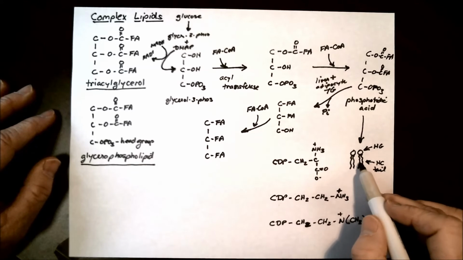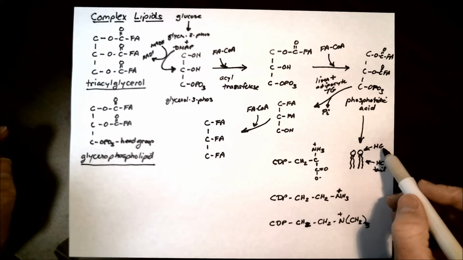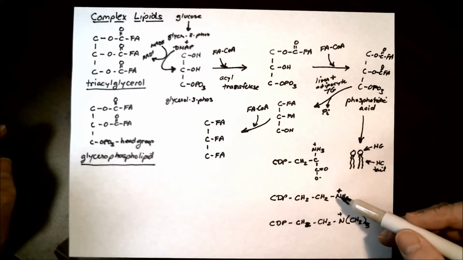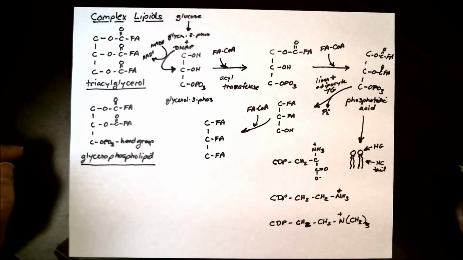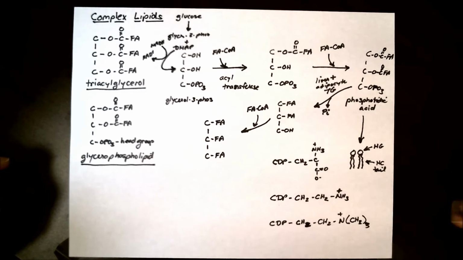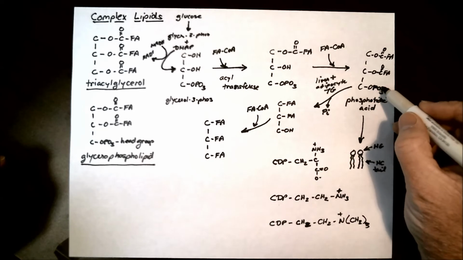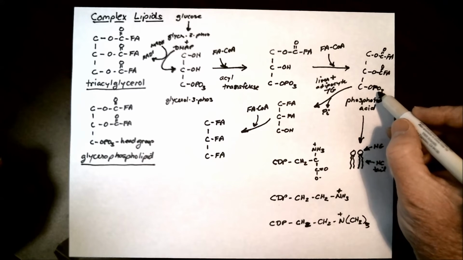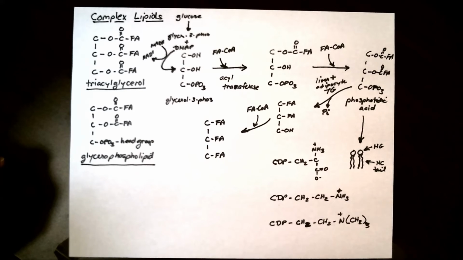This will be the hydrophobic bilayer domain of the membrane. The head group is charged and will face either the outside or the inside of the cell, being soluble and bonding with the aqueous environment. So these head groups have to join onto the phosphatidic acid at this phosphate group. So the phosphate will be the link between the head group and the glycerol backbone.